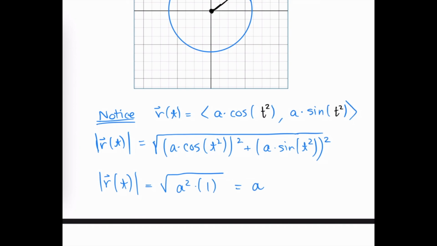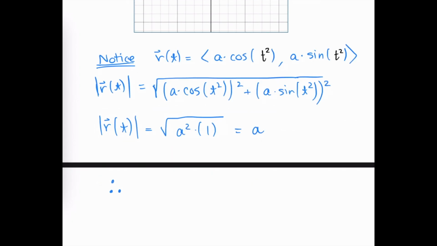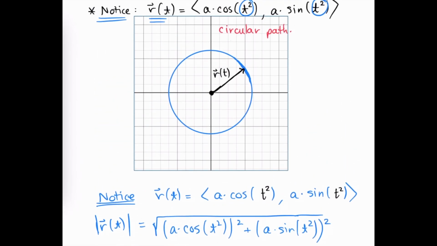We'll say that's going to be a, so this has a radius of a here. So therefore we can say that the position vector is still perpendicular to the velocity vector, and up here in our drawing, let's indicate that.